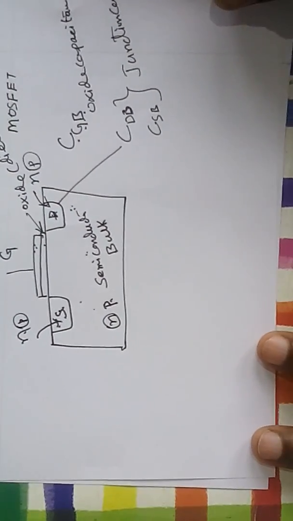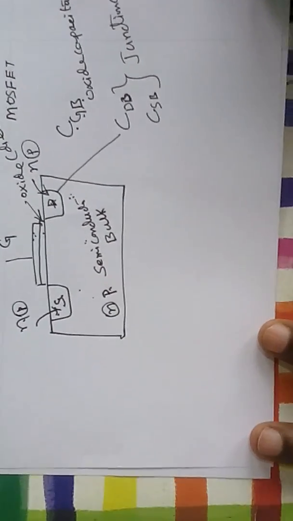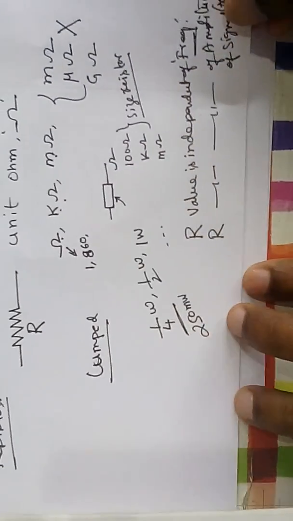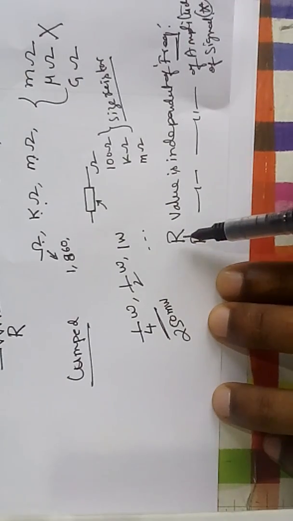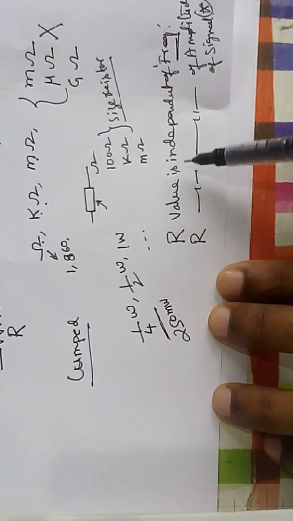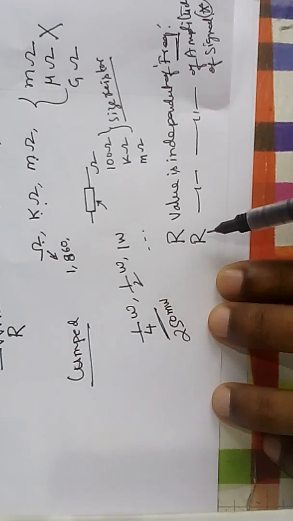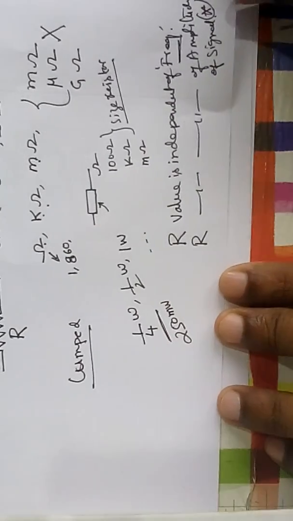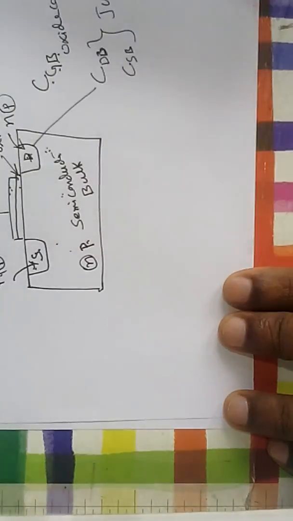Coming to its dependency. Earlier, while discussing the resistor, we concluded that the R value is independent of the frequency and independent of the amplitude, as long as it is operating in the safe region.